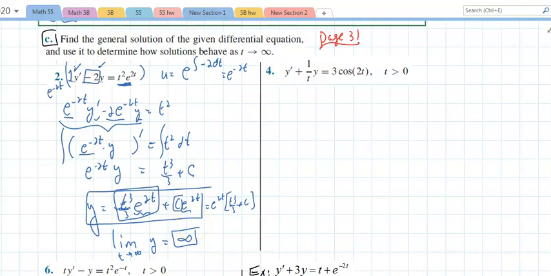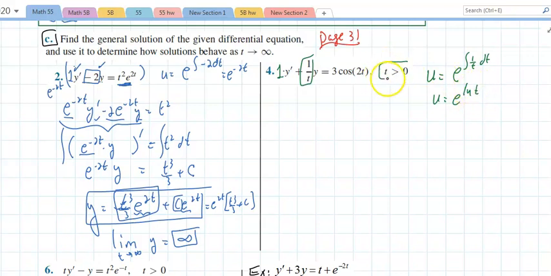Number 4 is next. The same deal. I look at that, make sure that's a 1, and that's going to be the case in all of our chapters. If that's a 1, I look at that, that's first order, and it is linear in y. So I could let u equal e to the integral of 1 over t dt. That would be e to the natural log of t.